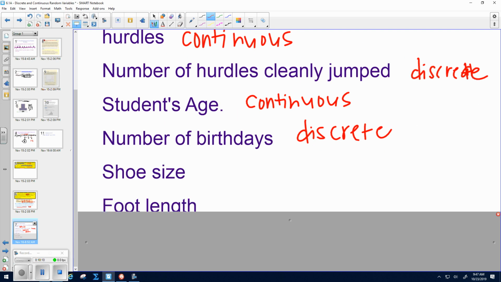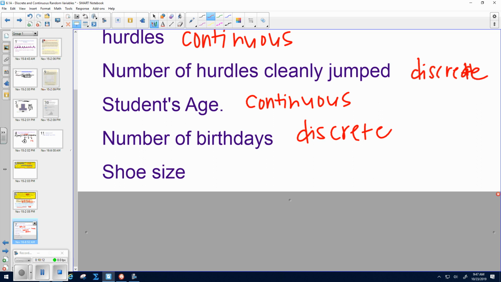How about shoe size? Discrete. All right, you're definitely like a 9 or a 9.5. Okay, you have to pick a size, no matter how big your foot is. Even though there's half sizes, that's okay. Still discrete, you could make a table.